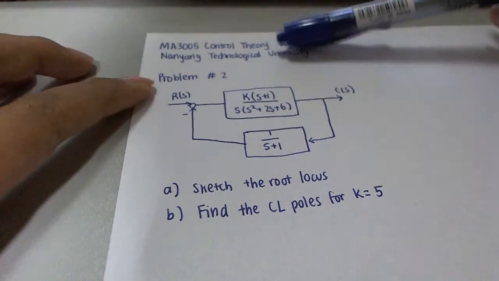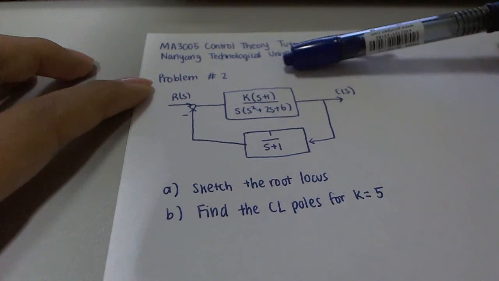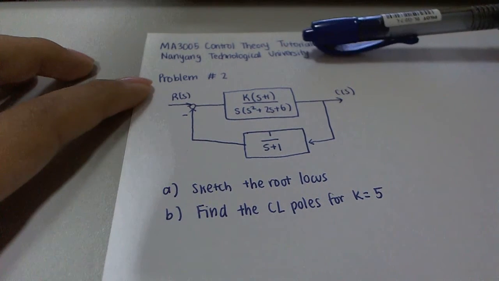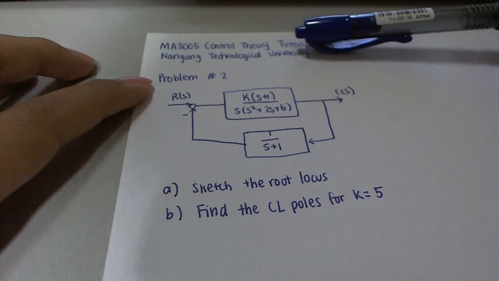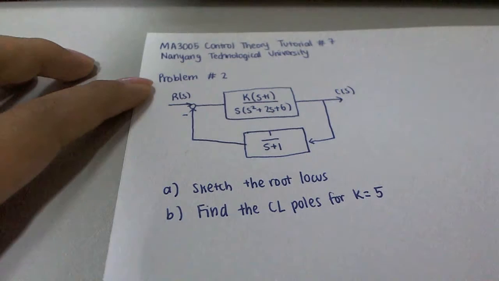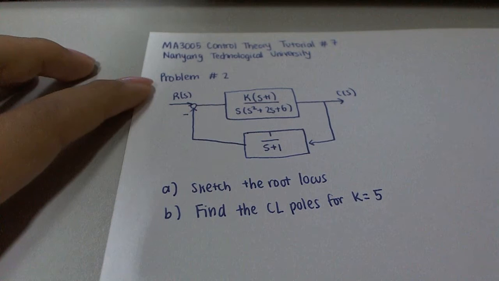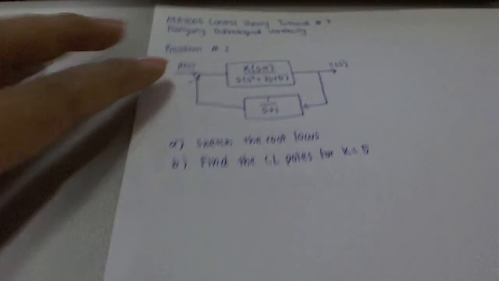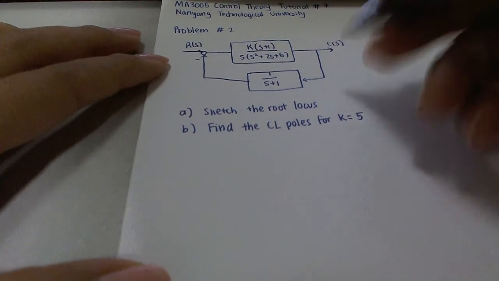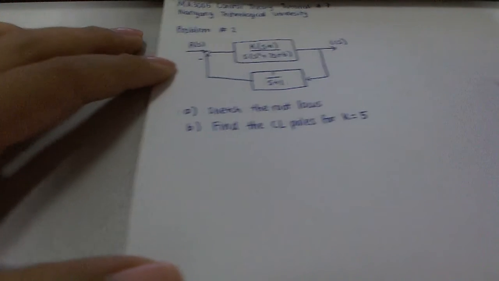So it acts as a design tool for us to be able to observe or quickly identify the location of the roots, the location of the poles of a system by varying the k values. There are a few steps required in order to plot the root locus manually.